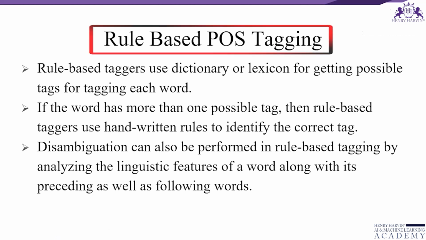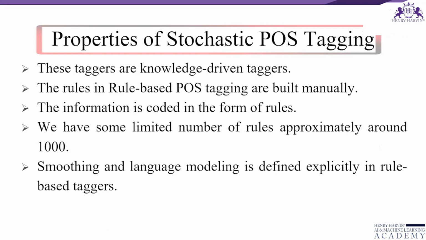So we have seen the first part, manual tagging. Now we are trying to understand rule-based tagging, right? The next one is stochastic POS tagging.